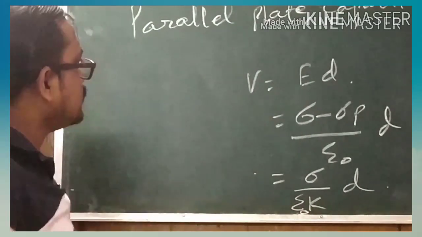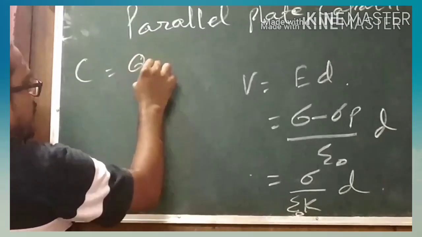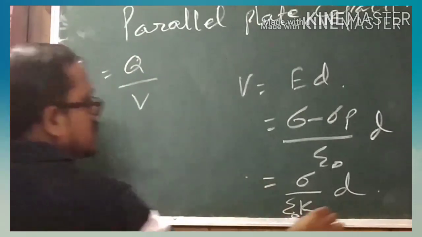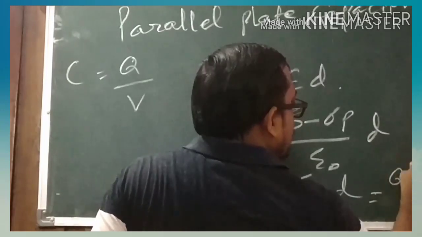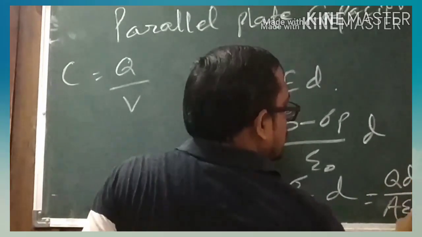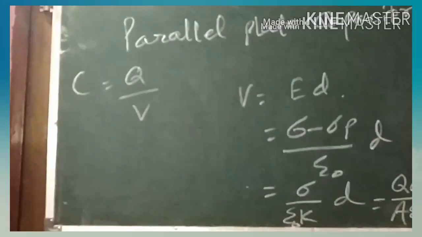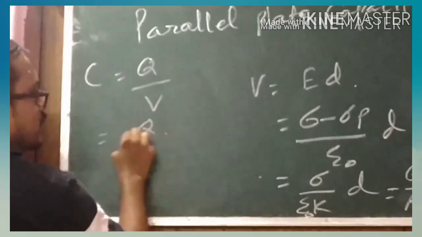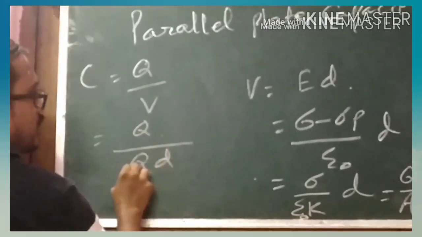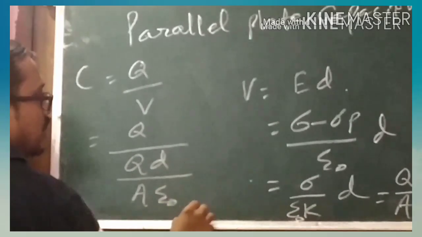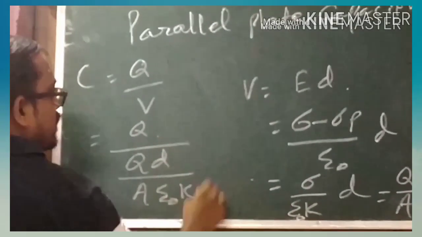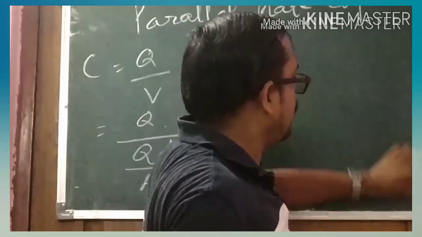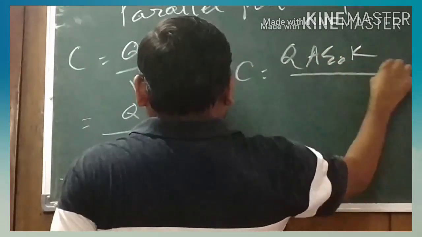Now E will be equal to V by D, and for sigma we can write Q by A, because sigma is the surface density, which is equal to Q by A. Putting this value, V is equal to QD by A epsilon 0 K. So C will be equal to Q A epsilon 0 K by QD.